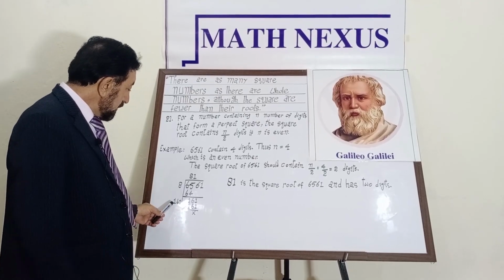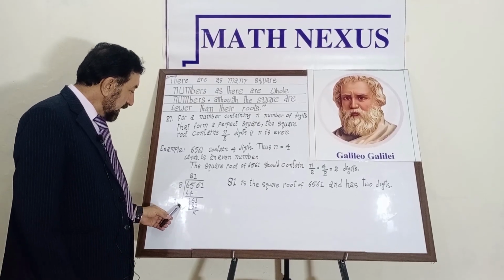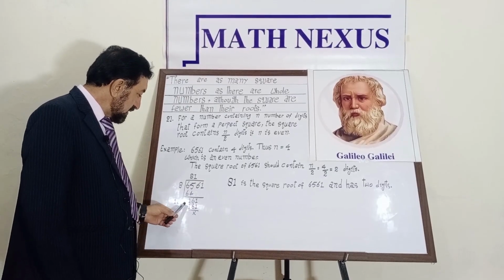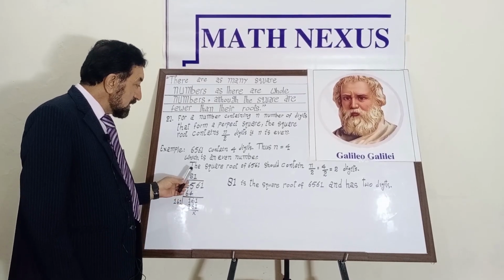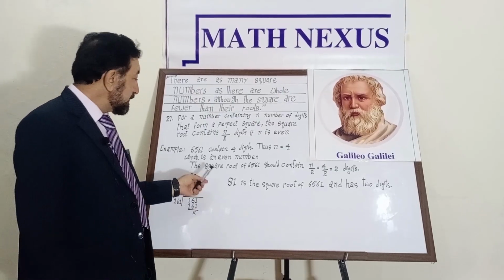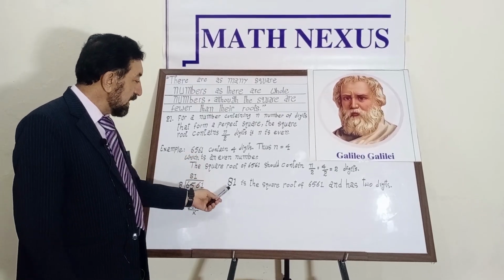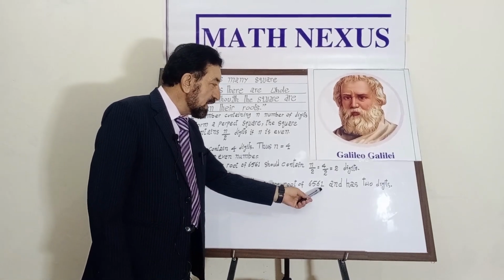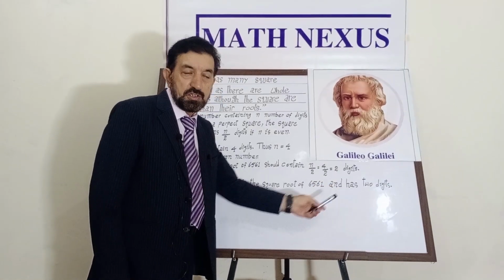Now 8 plus 8 is 16, and 1 1 is 1, 1 6 is 6, and 1 1 is 1. The square root of 6561 is 81, which has 2 digits.